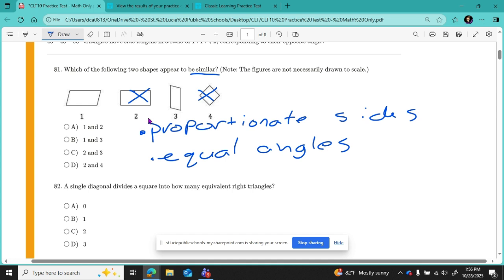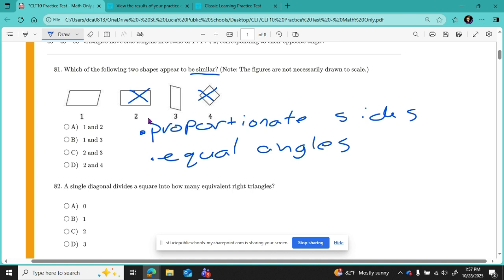And then when we look at number 1 and 3, we can see obtuse, acute, obtuse, acute, that they do have equal angles, even though one is flipped to its side, and they do appear to have proportionate sides.